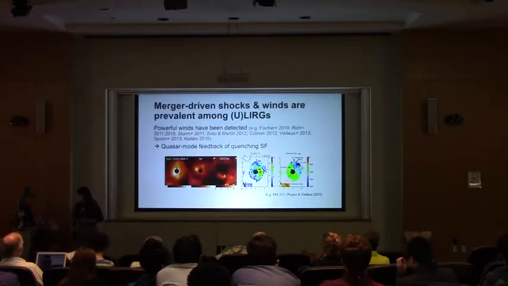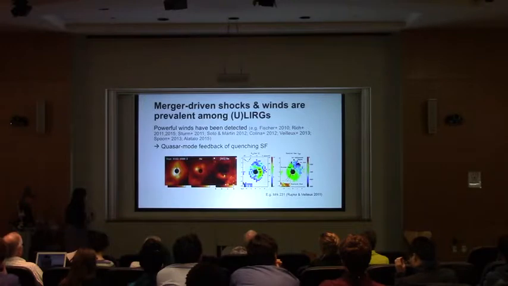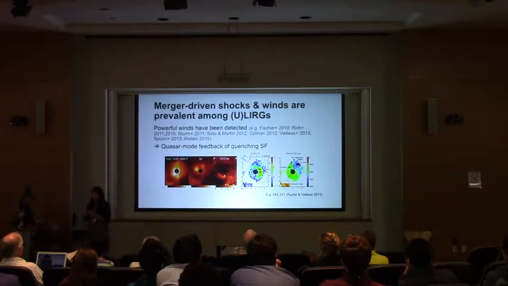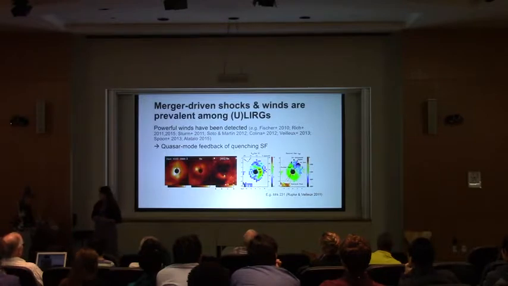And so there have been a lot of studies to look specifically for what quenches the star formation. We have seen a lot of powerful winds being detected across the wavebands, and we see specifically merger-driven shocks and winds that are prevalent among these LIRGs and ULIRGs, and it seems to support the quasar mode of feedback in quenching star formation.